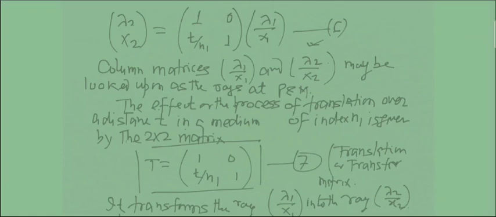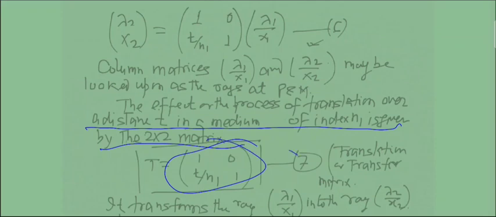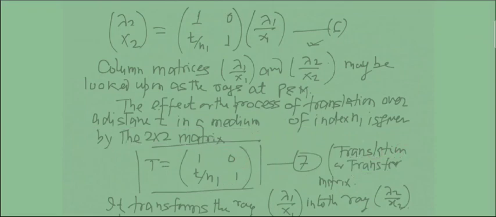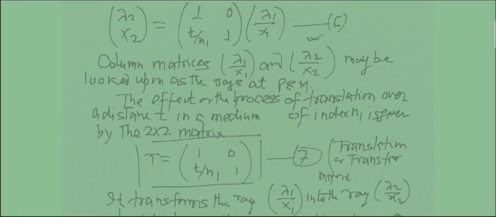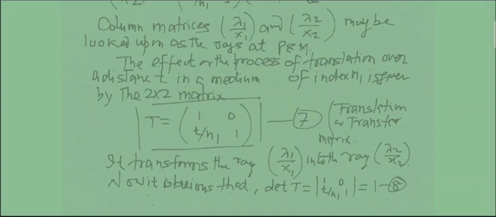The effect or process of translation over a distance t, when the translation is happening in a medium of refractive index n1, is given by a 2 cross 2 matrix like this. This is your equation 7. You may call it either a translation matrix or a transfer matrix. It transforms the ray lambda 1 x1 into ray lambda 2 x2.